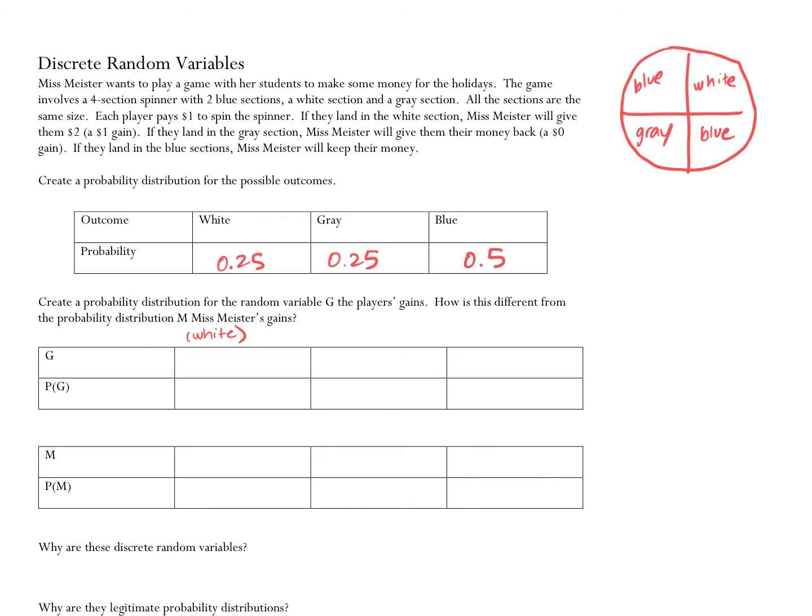You're walking away $1 richer, yes? So your gain would be +1. Did we just take that categorical variable of landing on white and assign a numerical value to it? Is this okay? All right. Now, what if it lands on gray? If it lands on gray, I'm going to give you $1 back. So you're going to pay me your $1, and you get your $1 back if it lands on gray. What's your gain?